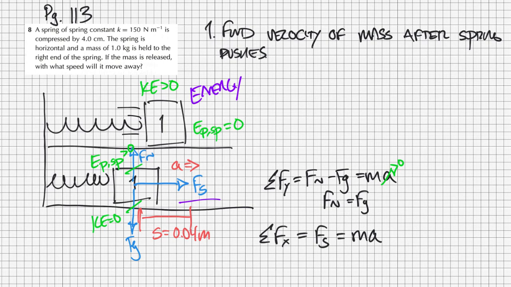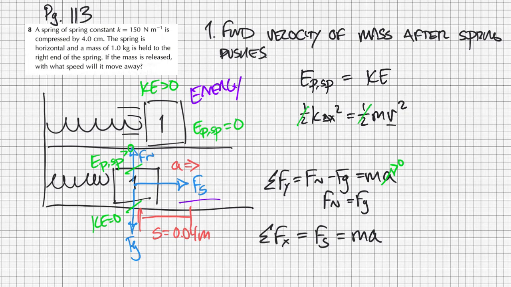So to do that, we're going to say that the elastic potential energy of the spring to begin with has to equal our kinetic energy of the mass afterwards. So that's going to equal 1/2 k delta x squared. It's going to equal 1/2 mv squared. Now a nice thing is that our 1/2s go away.